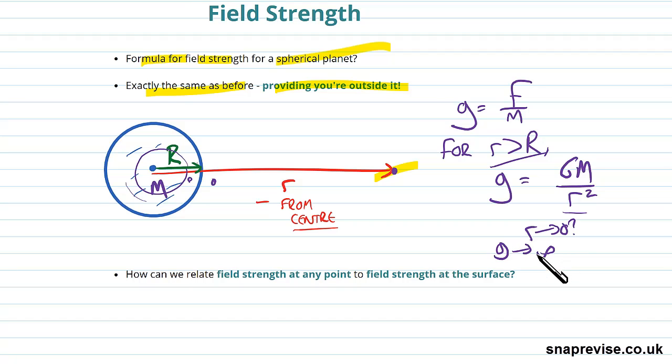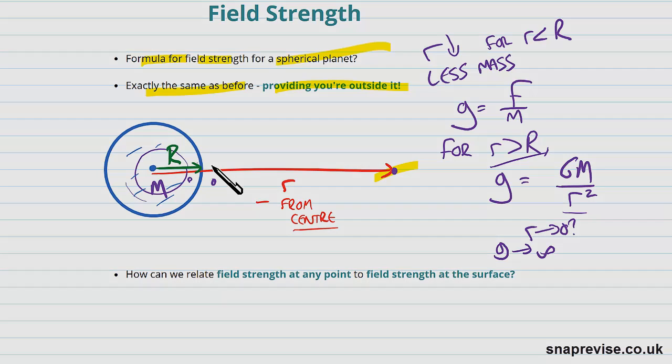But because you've got this sphere, the answer is no. Here you supposedly have this r squared thing going on, but actually as you're going in, you've got less mass, and so as r decreases, for r less than capital R, you've got less mass because you're going inside the sphere now, and so you get a very different formula, and we'll touch on that very briefly in a moment.